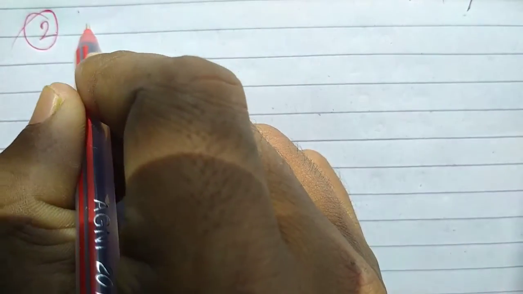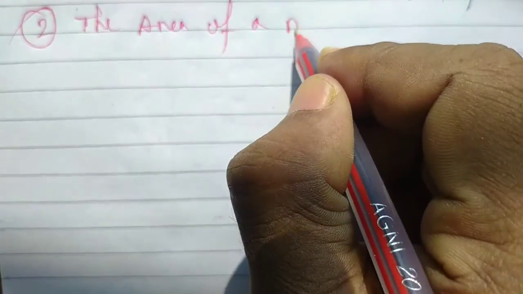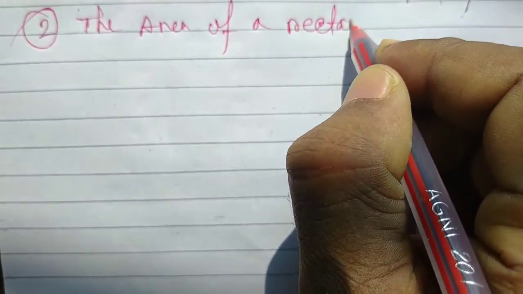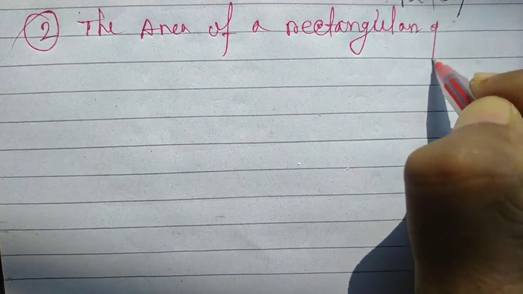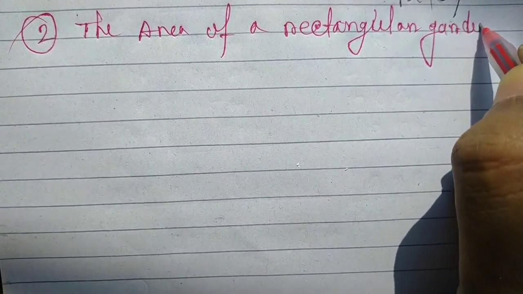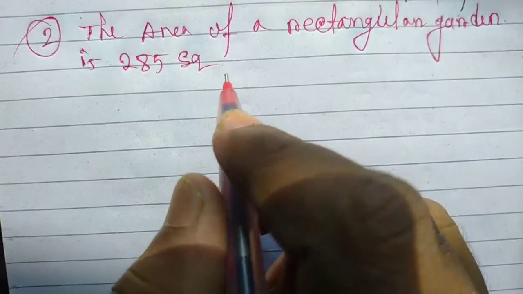Question number 2. The area of a rectangular garden is 285 square meter.